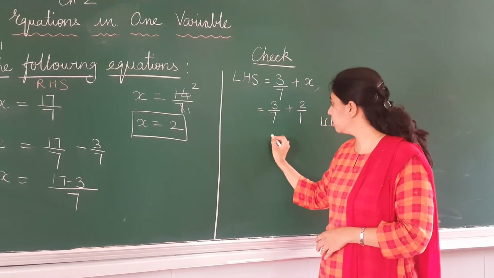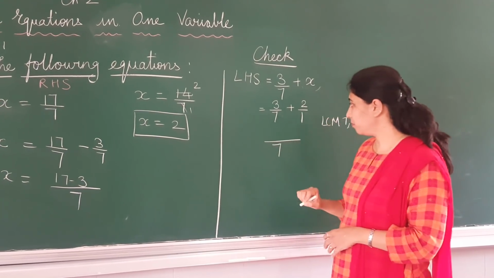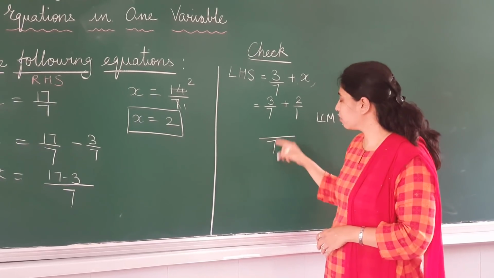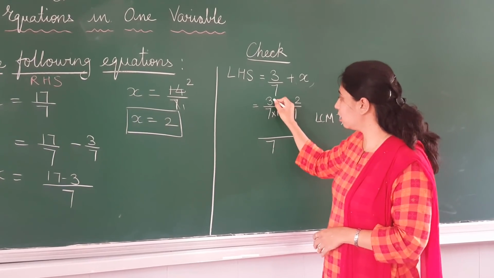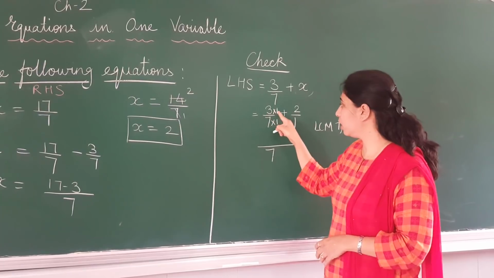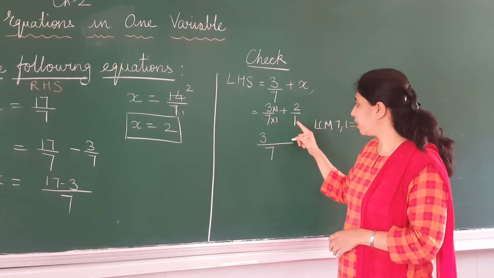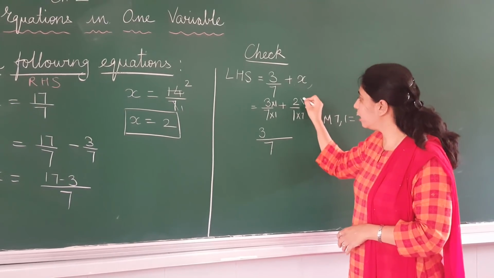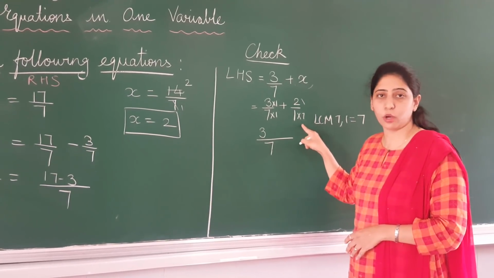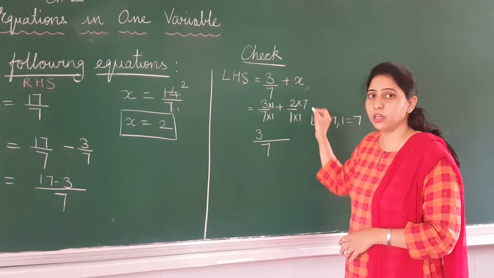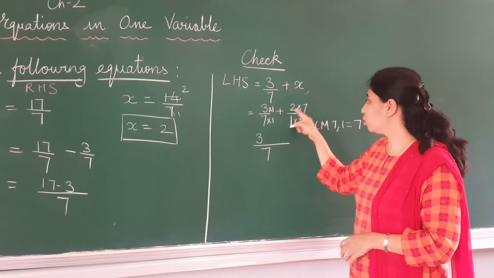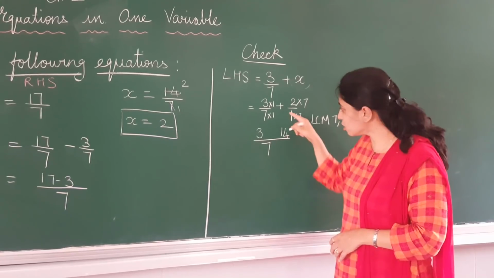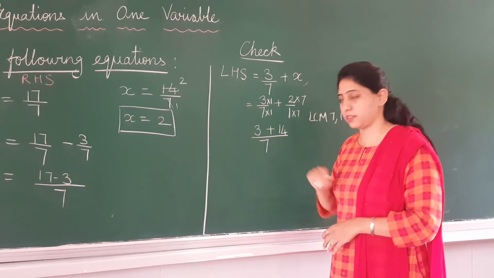So I will take 7 as the LCM. 7 ones are 7, so 3 ones are 3. When 7 goes in the table of 1, 1 sevens are 7. When you multiply in the denominator, you have to multiply in the numerator also. So 2 sevens are 14. And which is your main sign here? Plus.